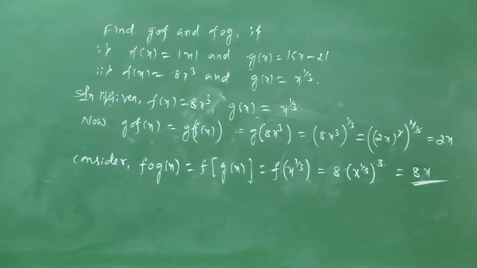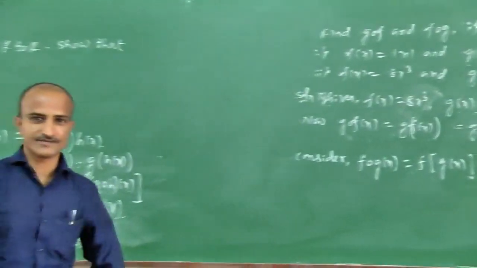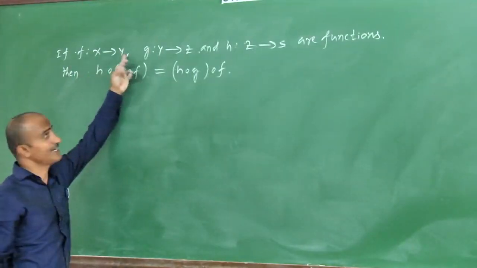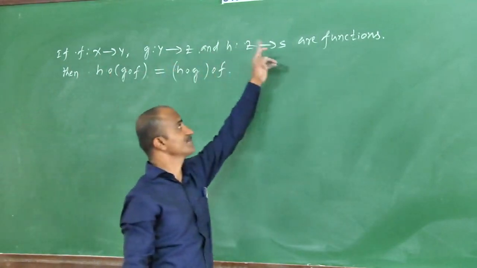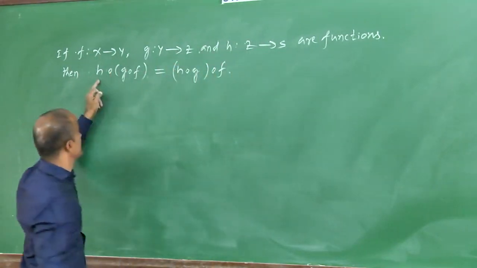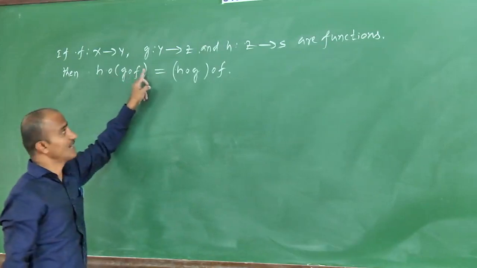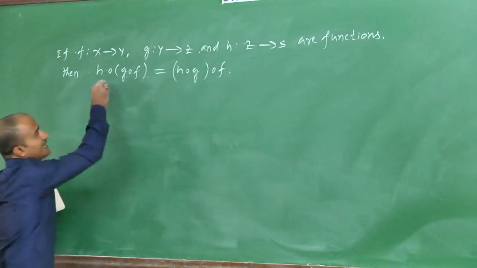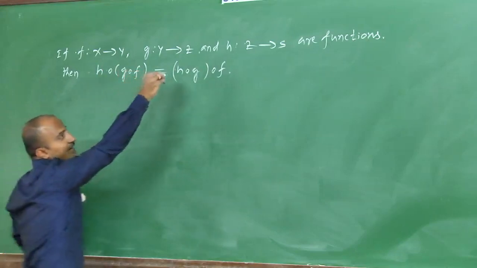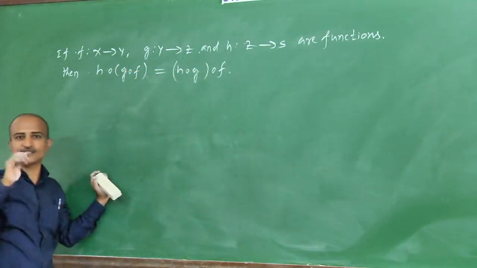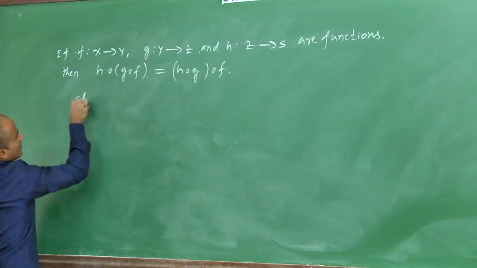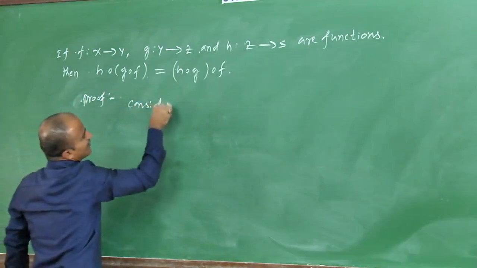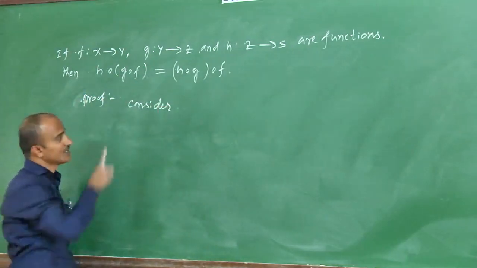We shall discuss one more property of the composite functions. Okay, so look at here. If f is a function from X to Y, g is a function from Y to Z, and h is a function from Z to S, then h composition of (g composition f) equals (h composition g) composition f. Now to show that they are one and the same, consider, they have defined all f, g and h functions, right?